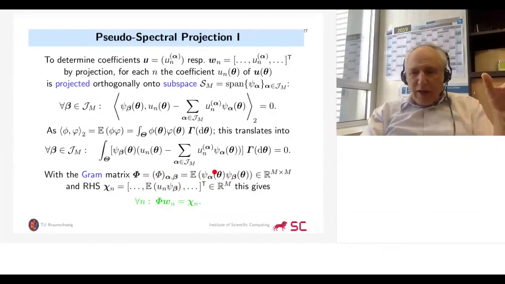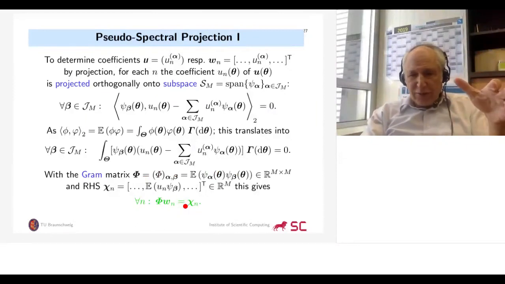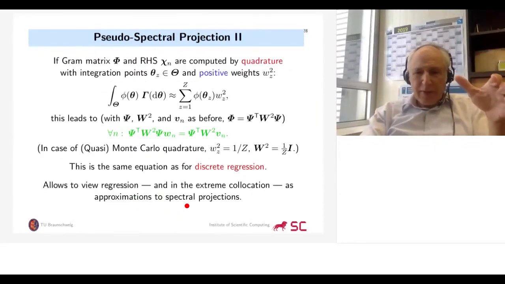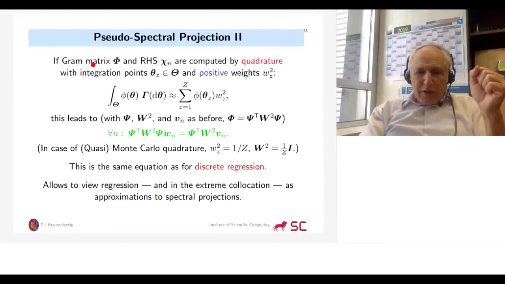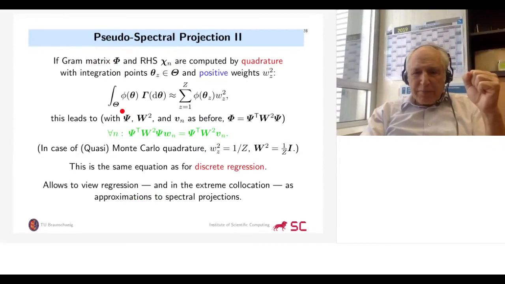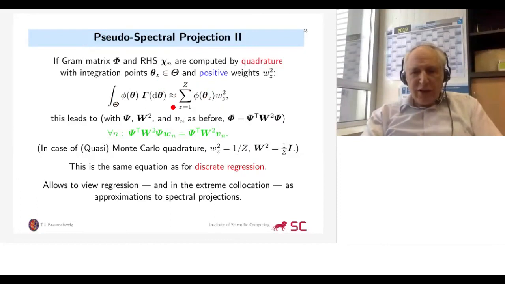By the way, if we choose these functions, as we said, to be orthonormal, then of course this is just the identity matrix. It's very easy to solve the system. But if it's not like this and we have to compute everything numerically, especially the right-hand side, then we approximate any function here by the quadrature formula, as we've seen before.